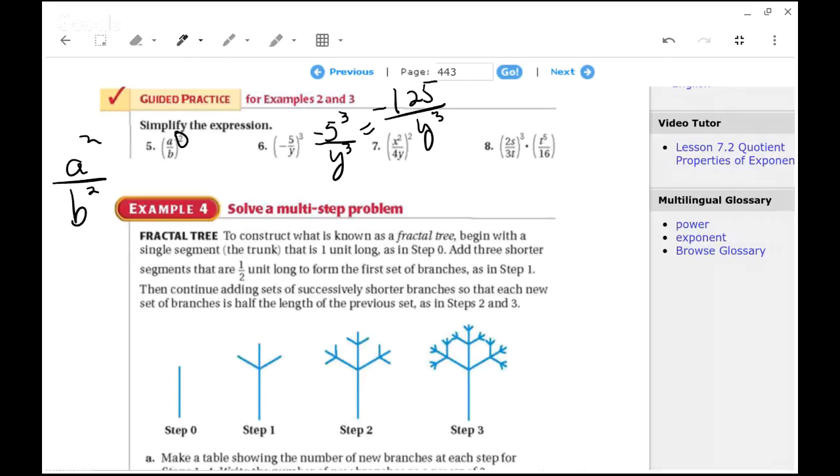But if it's something wacky like 13 to the 7th, don't do that. If it doesn't fit on your calculator and it gives you something like 10e to the 50th, don't worry about it.